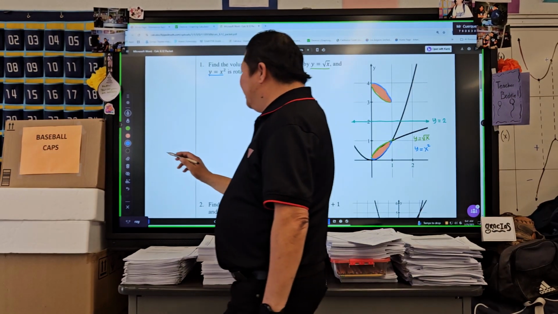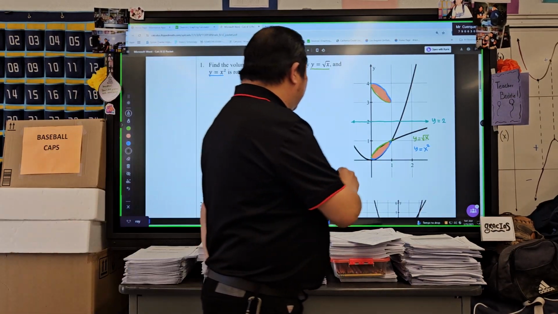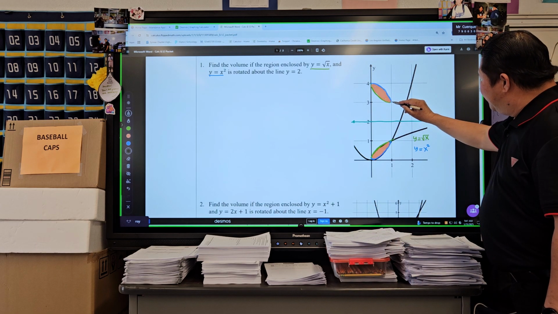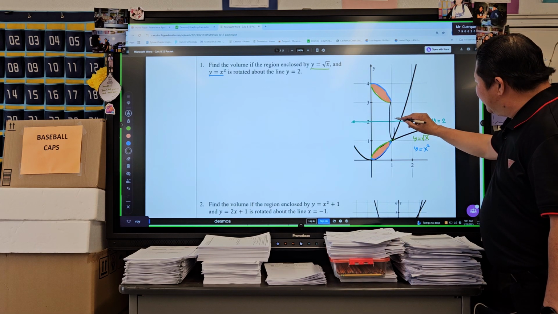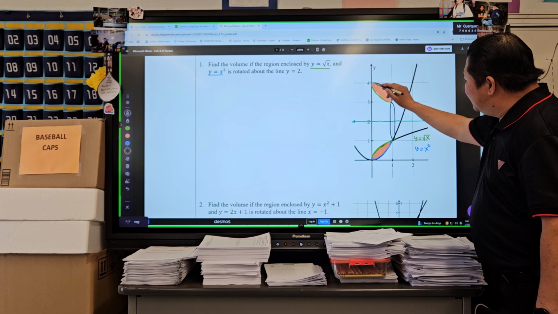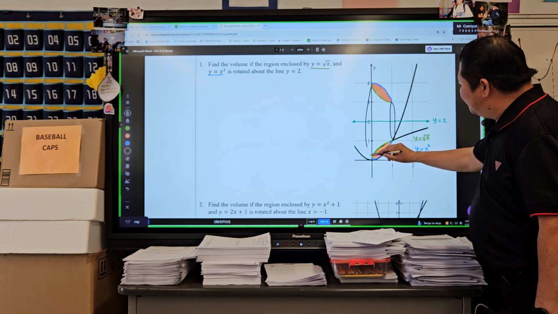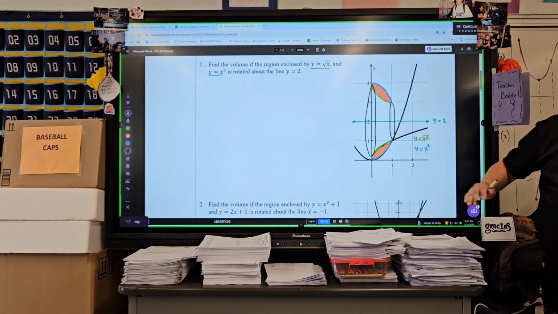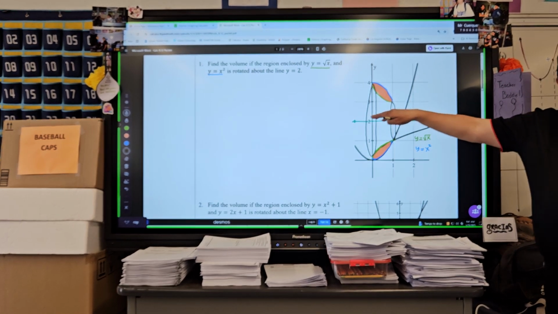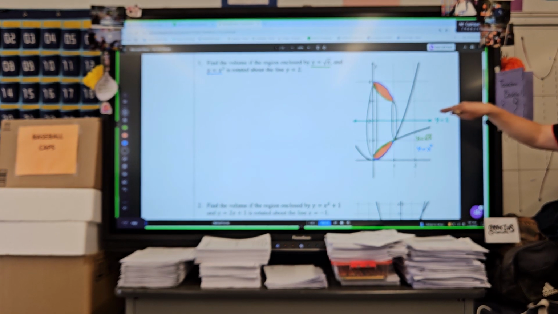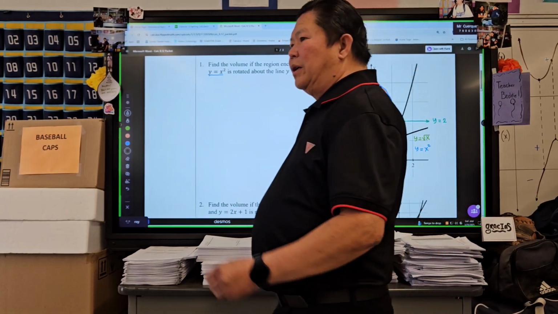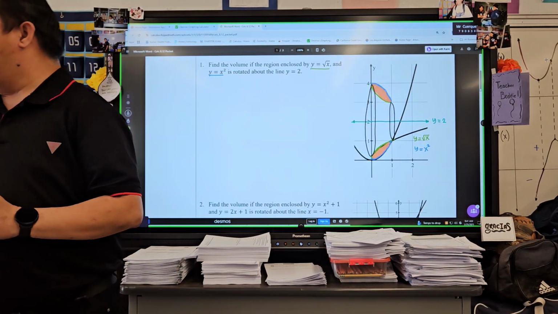So that means this right here is a circle, and this is also a circle. It's being revolved, but take note that the line of revolution is y equals 2. So our basis is the line y equals 2.